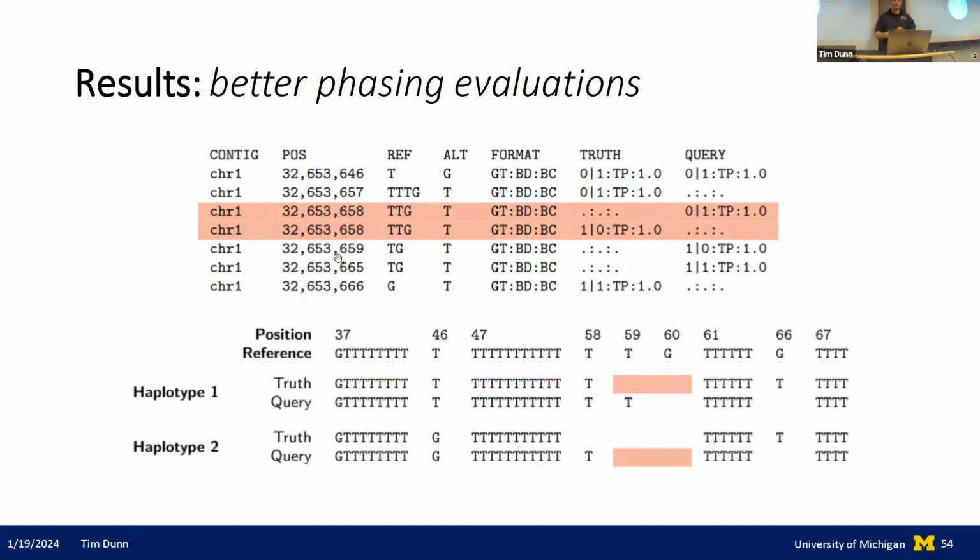However, if you take in context all the variants around it, and it is kind of a mess, but vcfdist is able to, as its benchmarking decision, decide that all of these calls are true positives, because once you account for all of the variants together, the sequence between your truth and query for both haplotypes matches exactly.